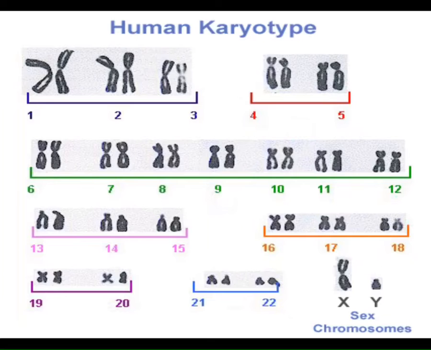Remember, too, that sex is determined at the time of fertilization, and that can be seen here in this karyogram. When you look at all the chromosomes, that's called a karyogram, and from it you get a karyotype.